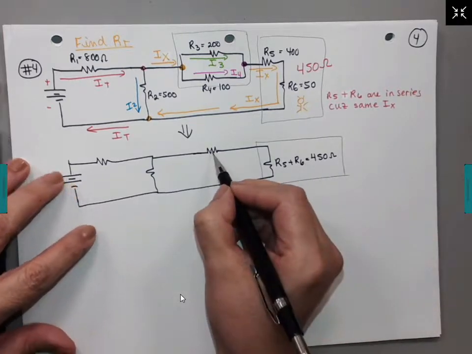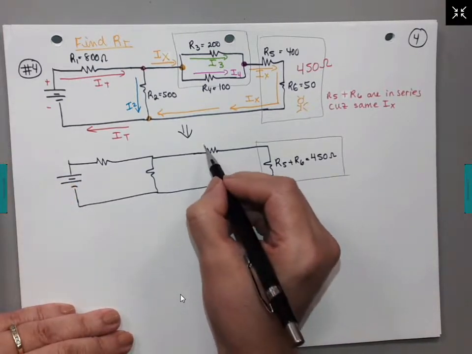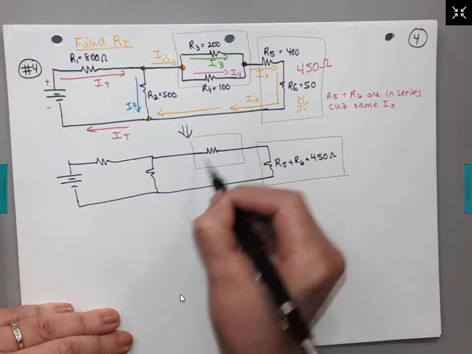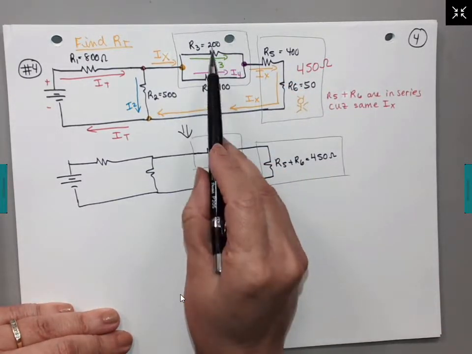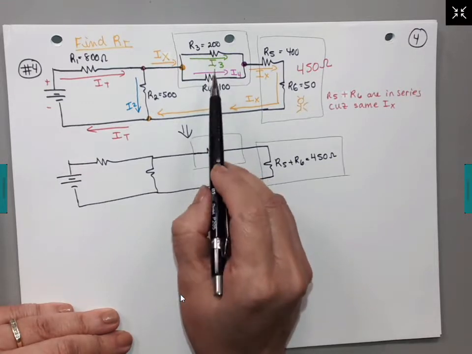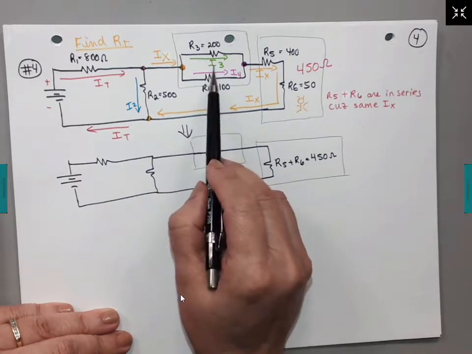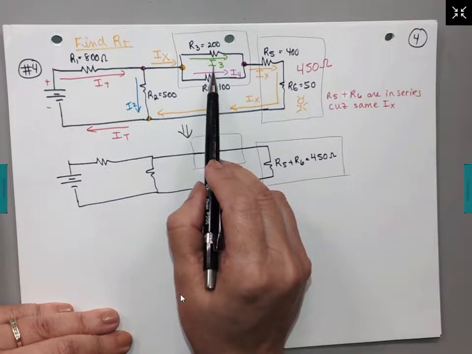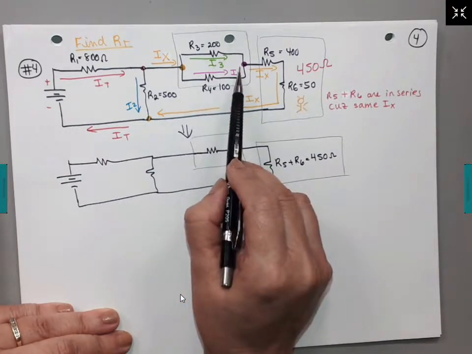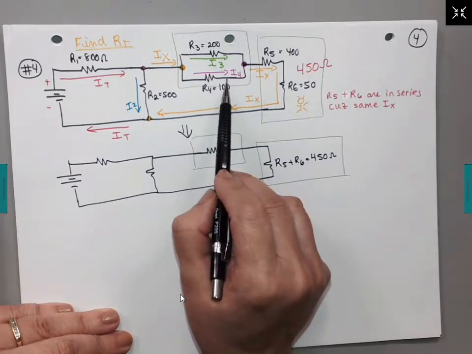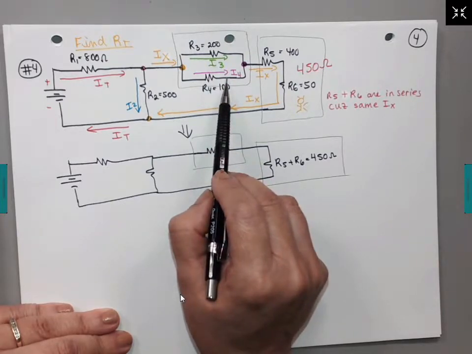No. I'm putting 1 because this little guy right here represents the result of this. What can you tell me about R3 and R4? They are in parallel, not in series, because you have two common nodes or two points, and I3 and I4 are different currents.